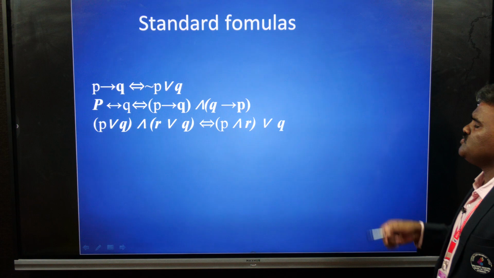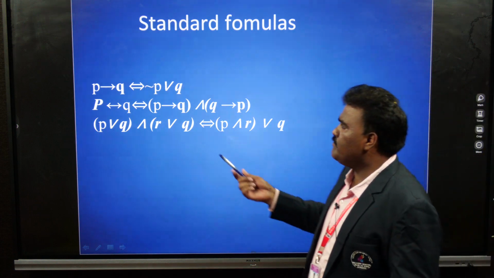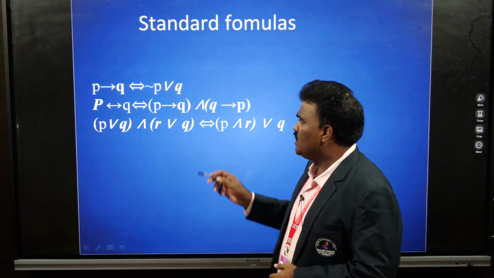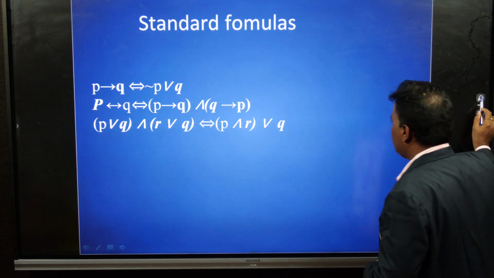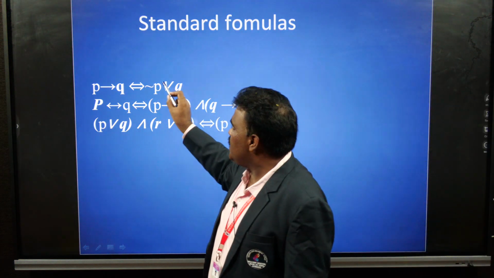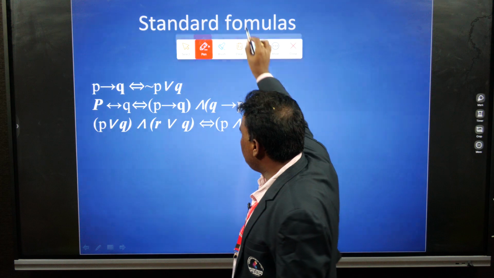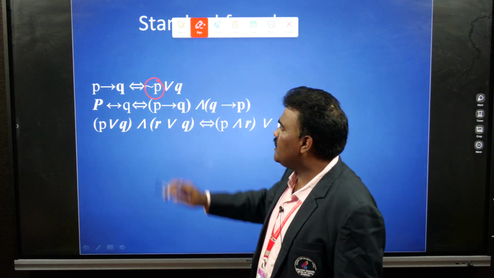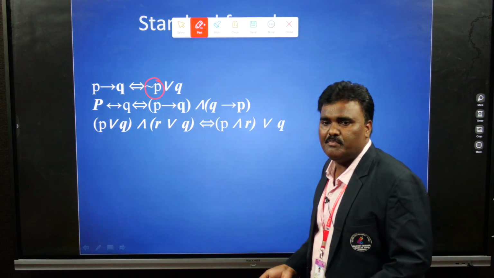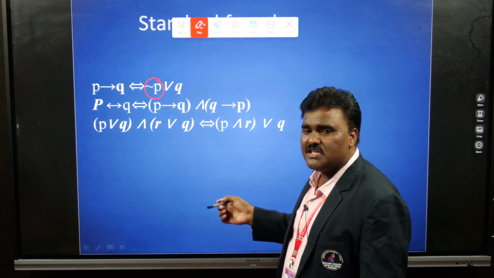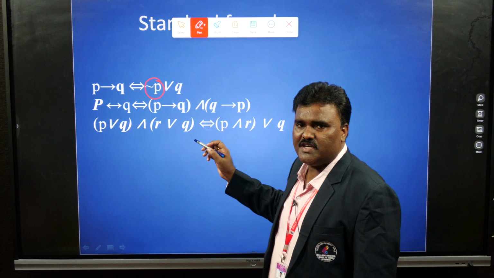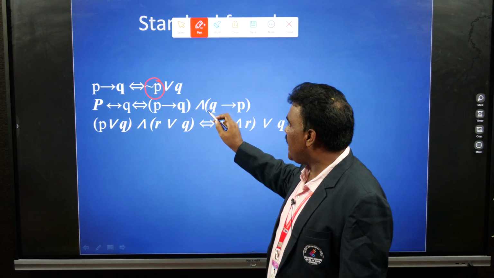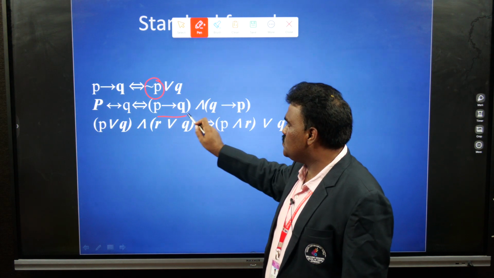Now we will use some standard formulas. P implies Q is nothing but negation P or Q. P biconditional Q is represented as P implies Q and Q implies P, using the AND operator.